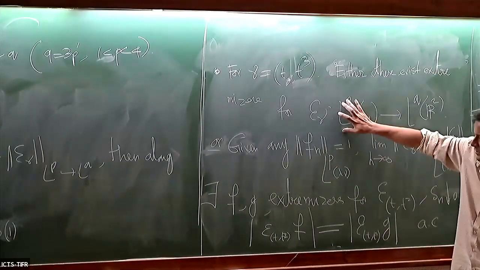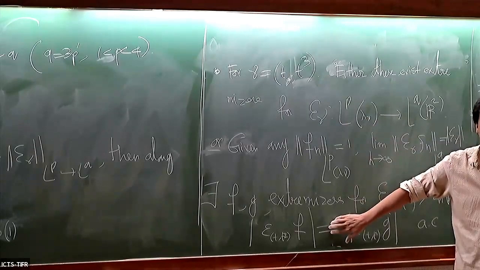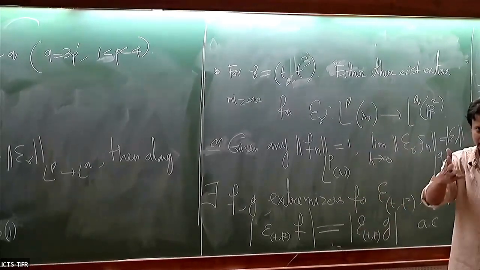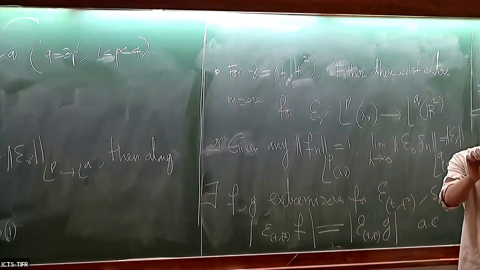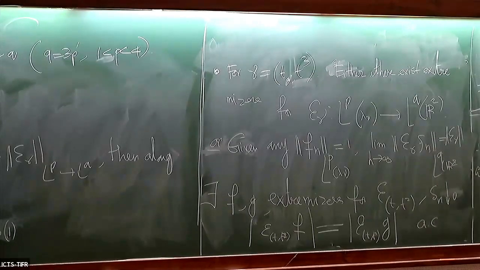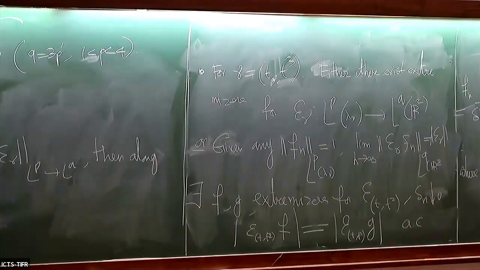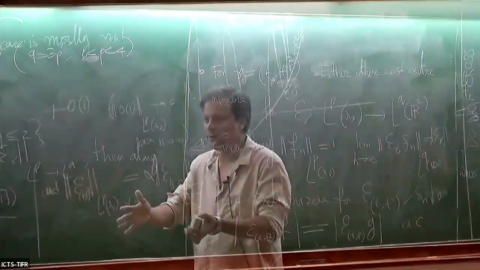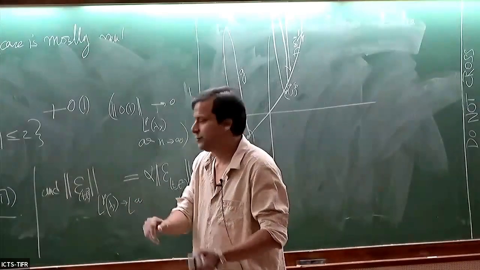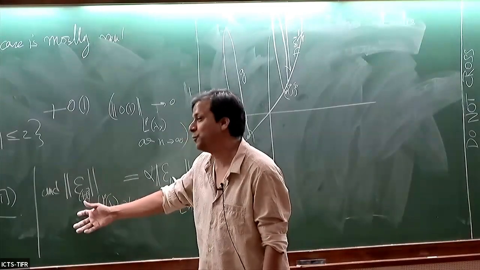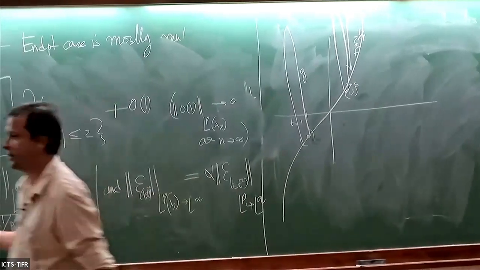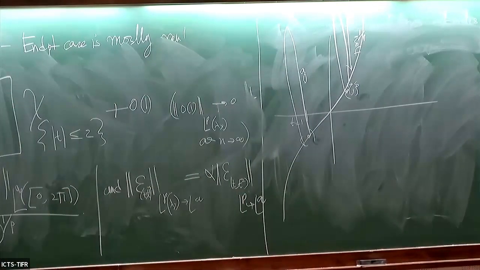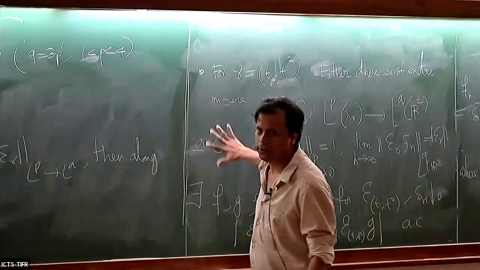Either extremizers exist or we can identify the extremizing sequences. And as you said, for t to the power 4, for example, in your case, there is a way we can actually control the radius or the diameter of the cap, right? So we haven't been able to do that, but it might happen that one can do that. So we can just rule this out and prove extremizers exist. But at least for now, this is the theorem.